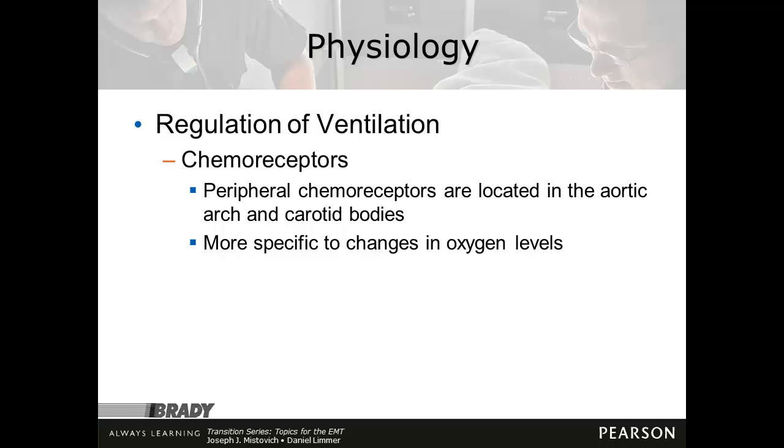So if our arterial oxygen levels decrease, these receptors will trigger the respiratory center to increase the rate and depth of respiration. A significant decrease in arterial oxygen content, then, will result in an increase in the rate and depth of ventilation intended to increase the arterial oxygen content.